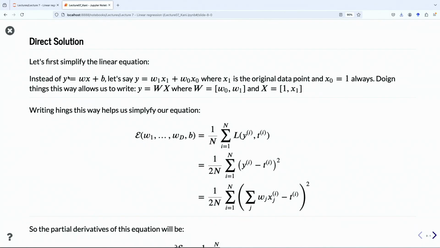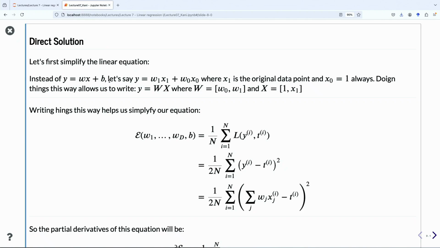So instead of saying y equals wx plus b, let's say y is equal to w1 x1 plus w0 x0, where x1 is the original data point and x0 is 1, always, okay?